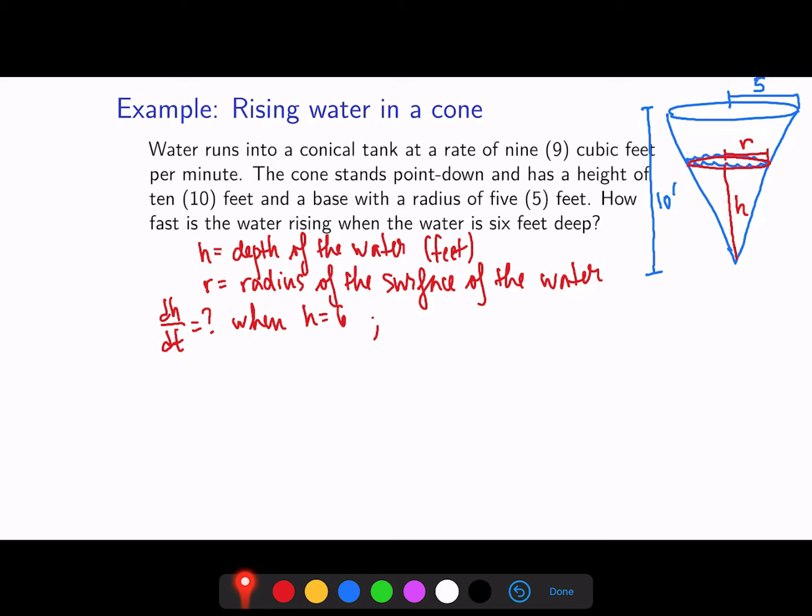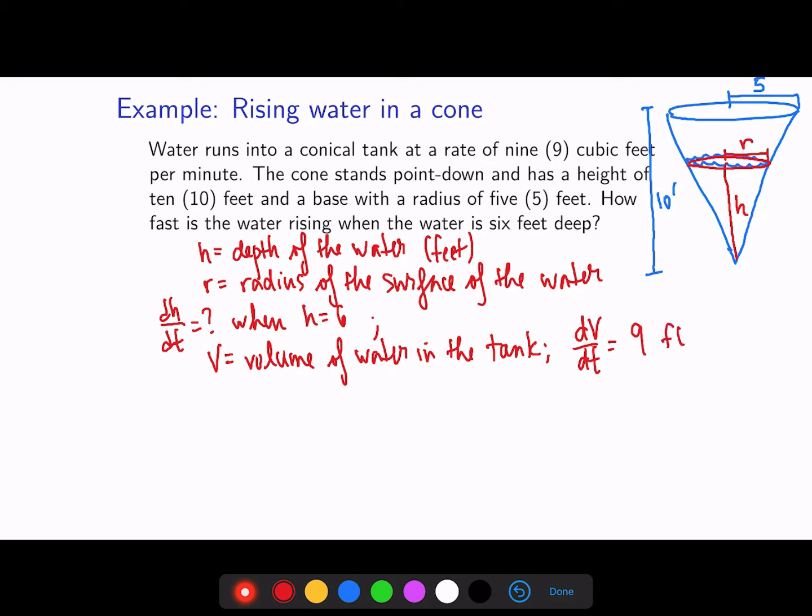We also know how the volume of water is changing. The volume of water is increasing at a rate of 9 cubic feet per minute. So if I let V be the volume of water in the tank, I know that my volume of water is changing at a constant rate of 9 cubic feet per minute.